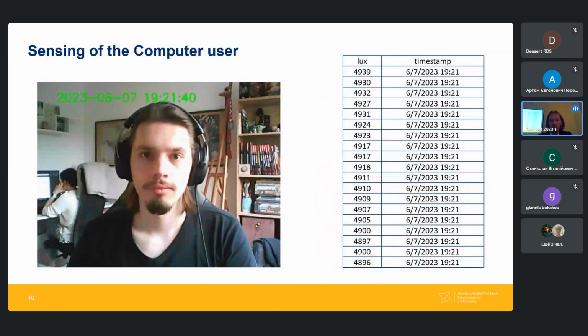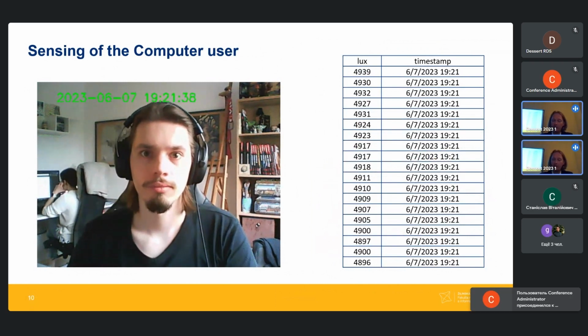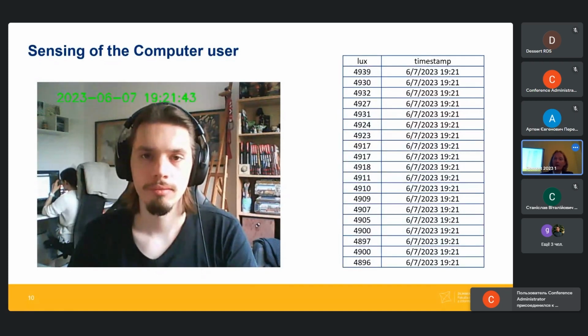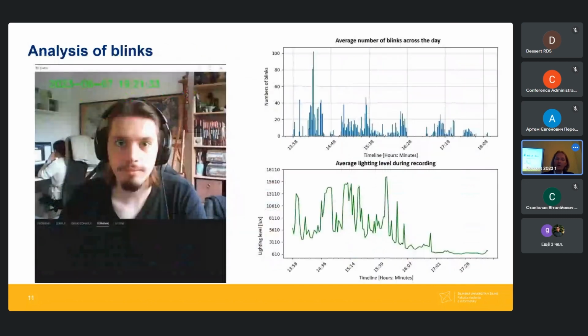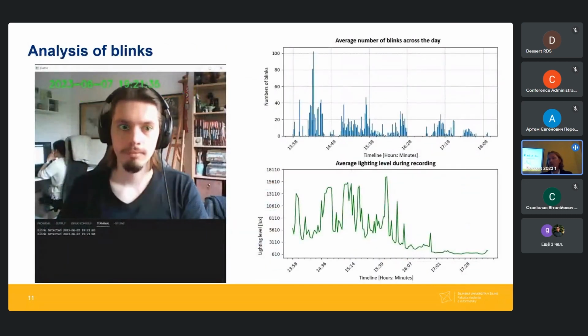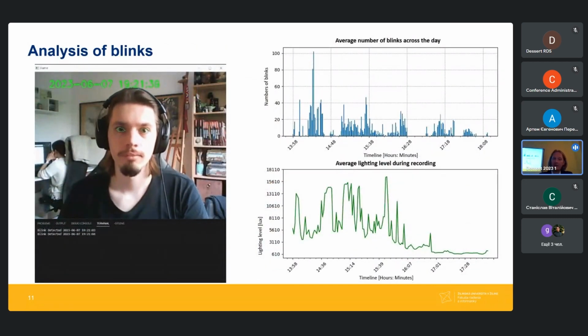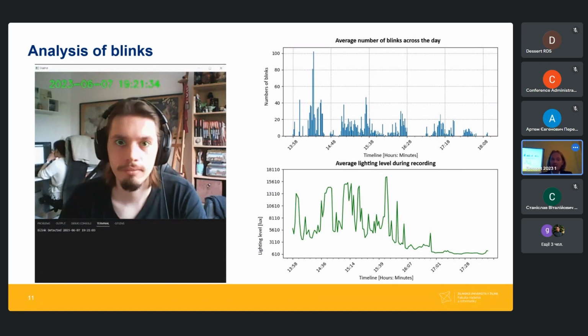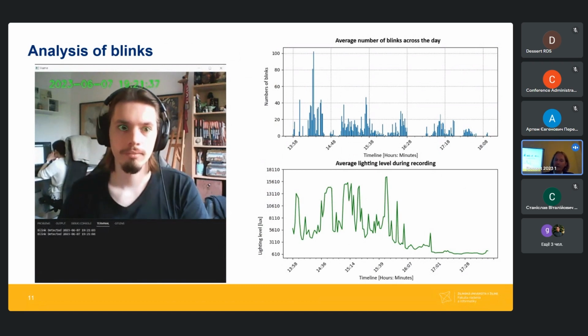On this slide is a demonstration of the recording of video and blinking of my co-author, and the data set from the ambient sensor with timestamps. With the second module, this data can be analyzed to create these two graphs: the average number of blinks across the day and the average lighting level during the recordings.